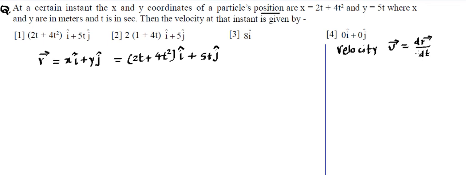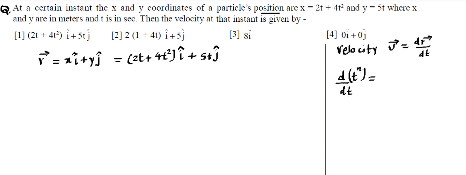Now this dr by dt is differentiation of r with respect to time, that we will be learning in the second part of the math needed for physics. Now what the d by dt does, there is a formula you can remember. D by dt is called differentiation with respect to time.